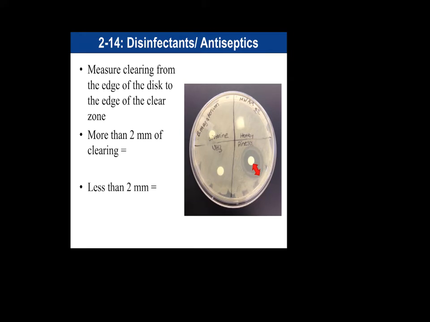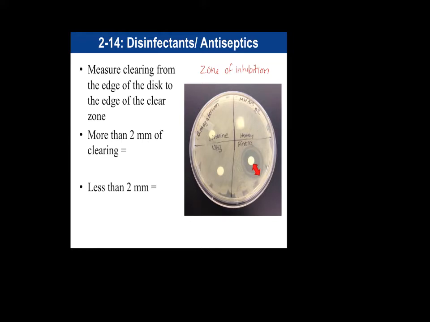So what we're going to do with our results is measure the clearing on our plates, and that clearing is called the zone of inhibition. That zone basically means that there was likely death of cells within it, but we'll talk about why maybe not all the cells are dead in that zone in a future lecture.